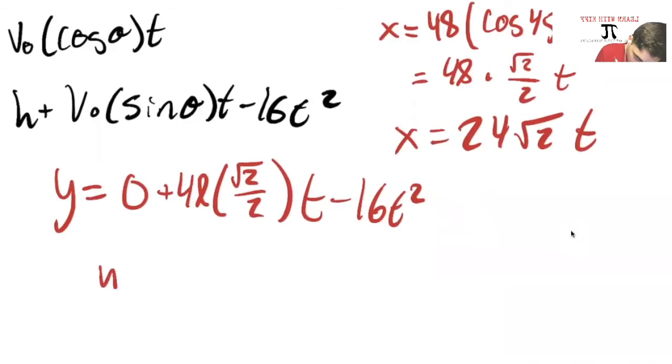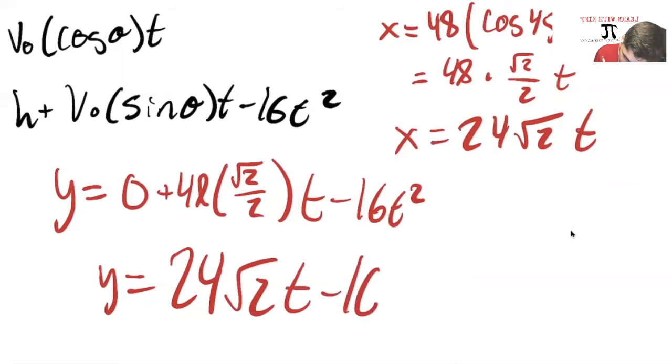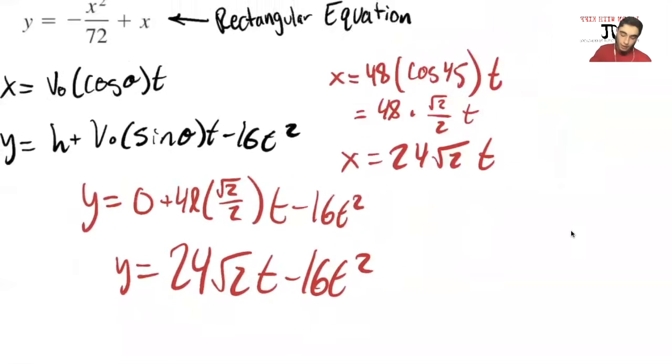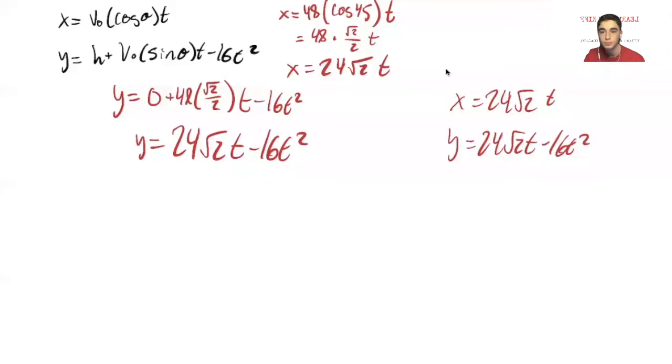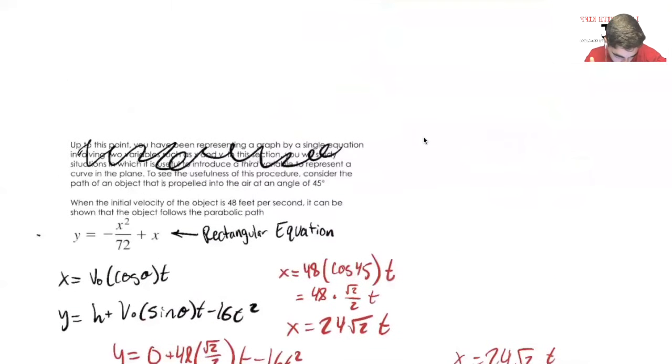Solving this, we have y equals 24 radical 2t minus 16t squared. All right, so we have our parabolic equations here. Now, let's say you wanted to graph the trajectory of the object.